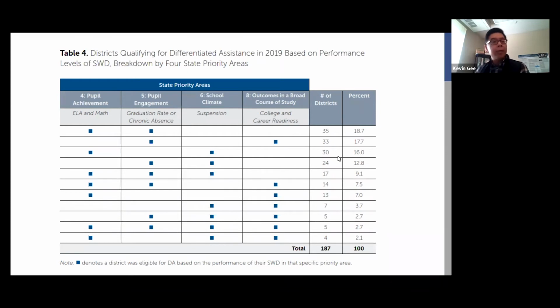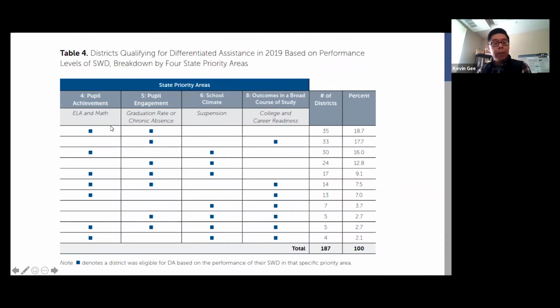This table that you'll see in the report that I worked on really highlights where those intersectional challenges are happening. For example, in the top row, 35 of the districts that qualify for differentiated assistance due to their students with disabilities populations qualified because students had low performance levels in pupil achievement as well as pupil engagement, okay?